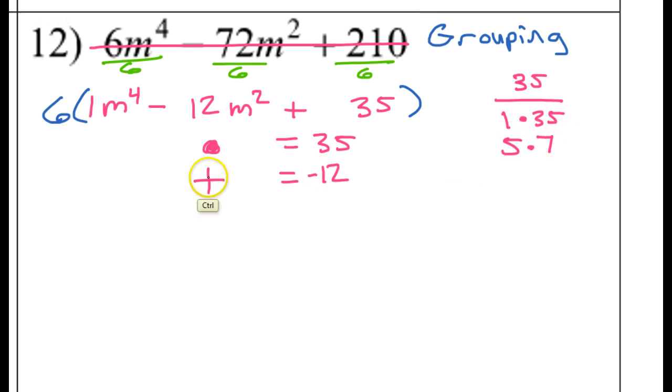Obviously, it's going to be the 5 and the 7. However, to make a negative 12, I would need a negative 5 and a negative 7. I have to use the exact same numbers for the product. So negative 5 times negative 7 is positive 35, so that's working out great.